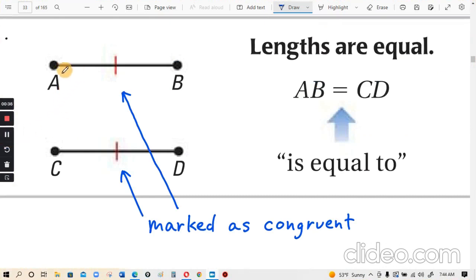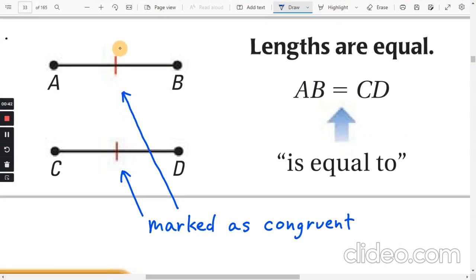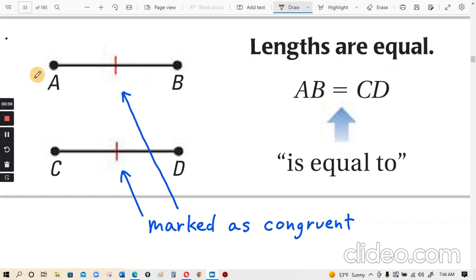All right, so if you look at line segment AB and line segment CD, they both have this little mark on each one, okay? So that means they are congruent, that means those are the same length. Also, you can use more than one mark.